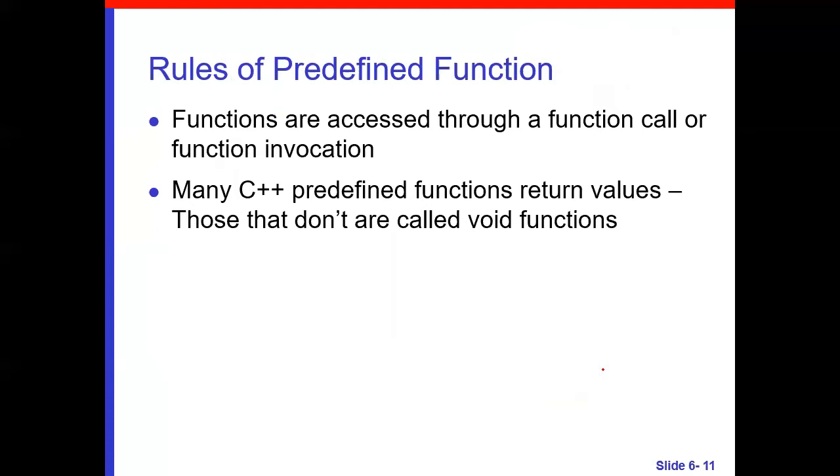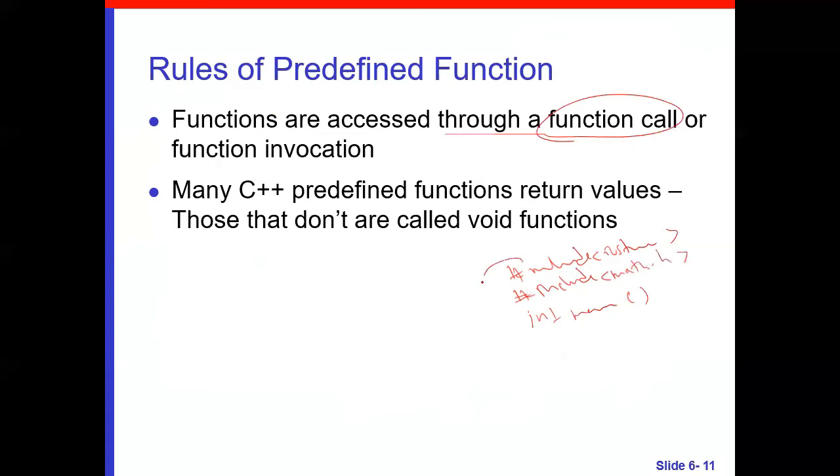Okay, next, rules of predefined functions. Functions are accessed through a function call, a function invocation. You can see the function call before int main. For example, hashtag include iostream. If you want to use the math functions, you need to call the library, hashtag include math.h.